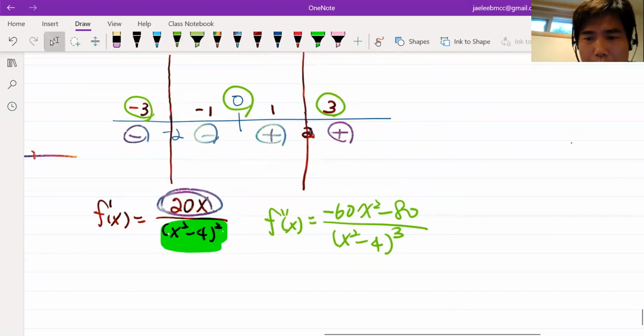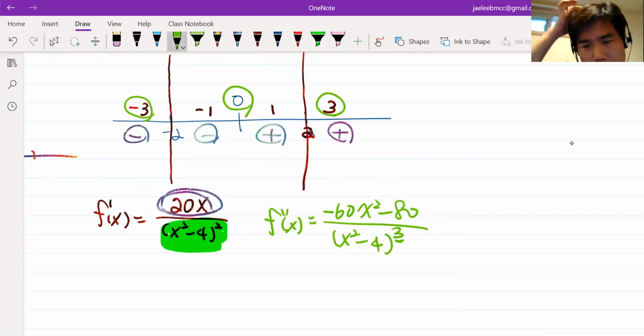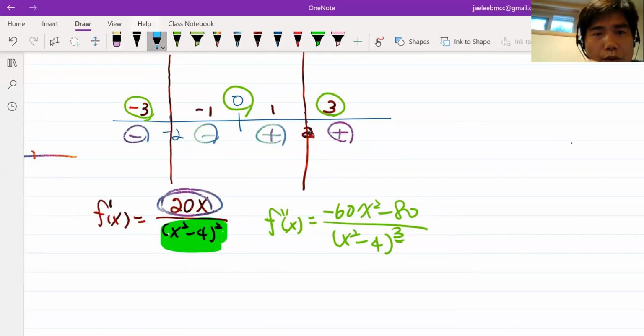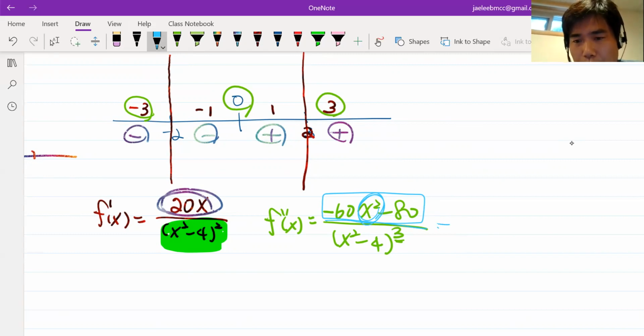Okay, so this time we have a cubic power here, so we need to find out the signs of both the numerator and denominator. Look at this one carefully. Because we have x squared here, no matter what value we input, the numerator becomes negative, because -60 times the square value becomes negative, minus 80. So now we know this is negative all the time.